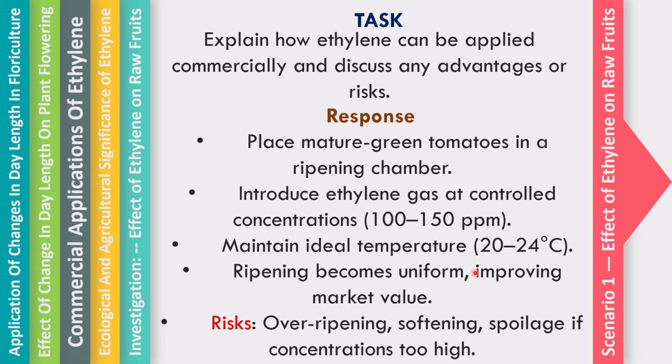Maintain an ideal temperature between 20 and 24 degrees Celsius. Ripening becomes uniform, improving market value. Risks: over-ripening, softening, and spoilage if concentrations are too high.